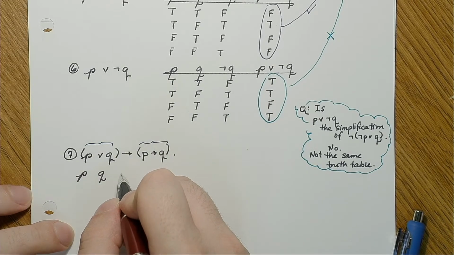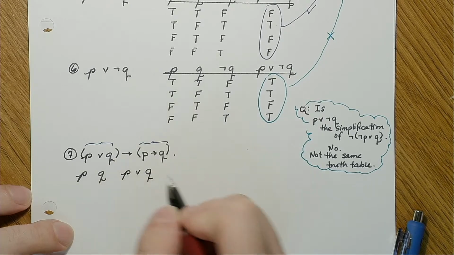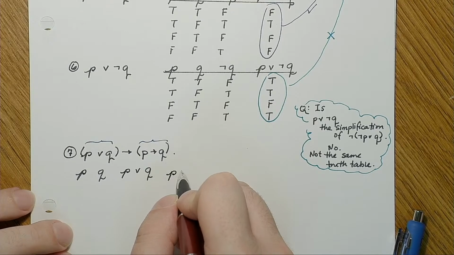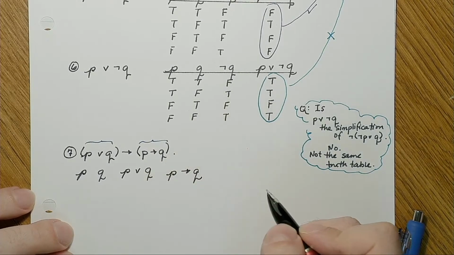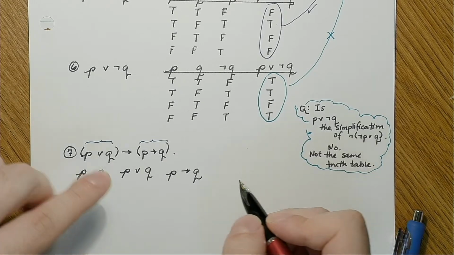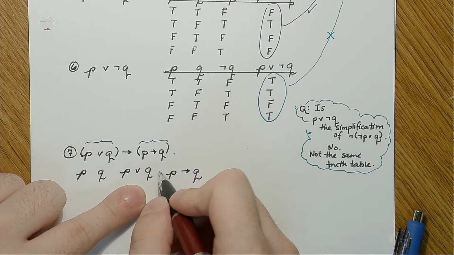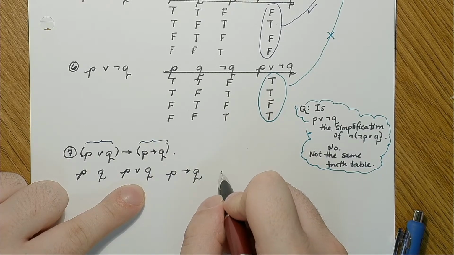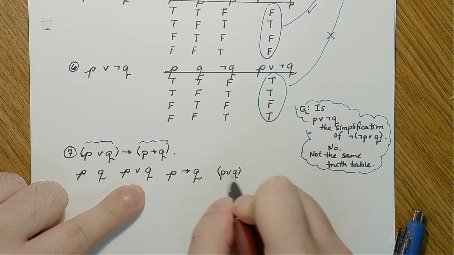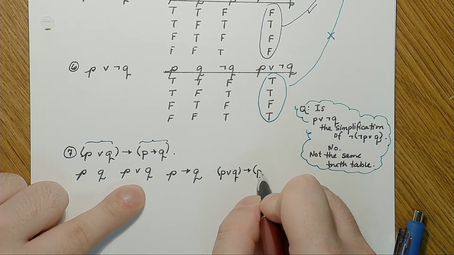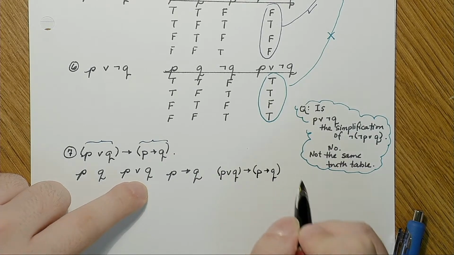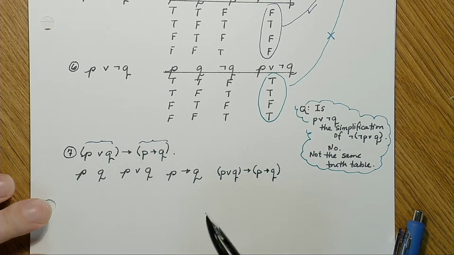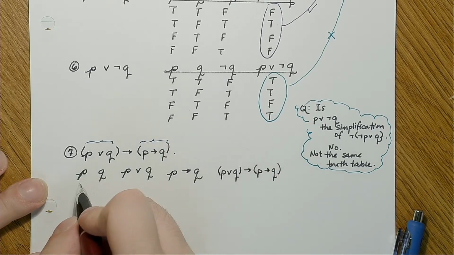So I'll have P or Q. And in the next column, I'll have P implies Q. And then lastly, I'll apply the implication to this column and this column to get our final answer. Okay.